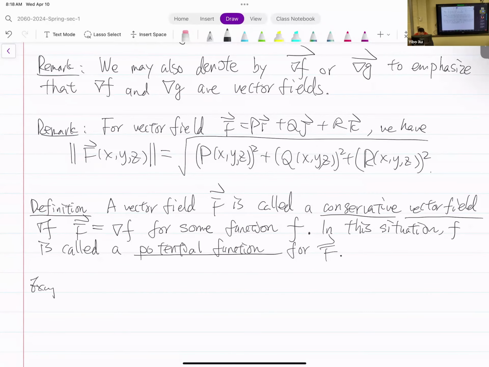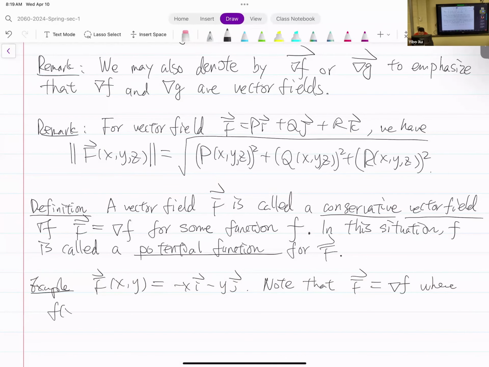Example. So let's say F of x, y, let's just do two dimensions. So F of x, y is negative x i minus y j. Note that F equals the gradient of little f, where we can simply write down little f of x, y to be negative 1/2 x squared minus 1/2 y squared.